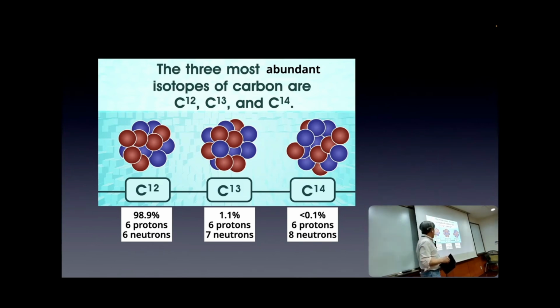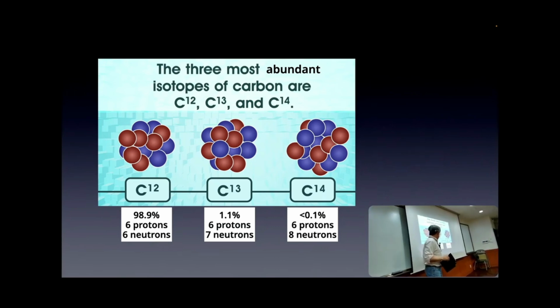Remember, I told you, we can ignore the weight coming from electrons. So when we usually talk about the weight of a given atom, we only consider the weight coming from protons and neutrons. So altogether, 6 and 6, 12.